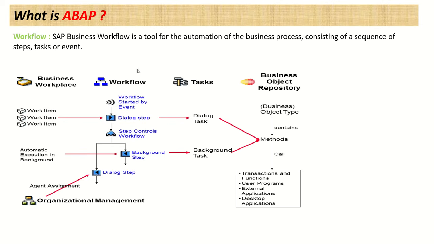As a consultant, I will create the purchase order, but my manager needs to approve that. For that purpose, in SAP, there is a concept of workflow, business process automation. Those are some of the basic objects as an ABAP consultant we should know.